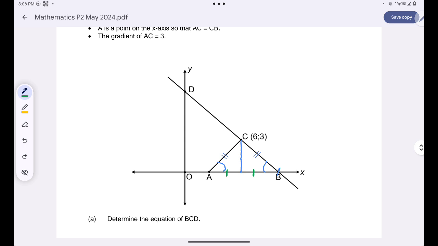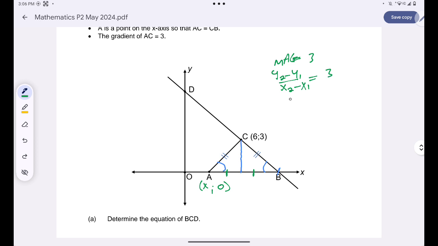How so? I'm given the gradient of AC. Remember, whenever a point is on the x-axis, it means that its y value is 0. So all I need to find is the x value there. I'm told that the gradient of line AC is equal to 3. How can I find the gradient of AC? It's y2 minus y1 all over x2 minus x1, and this has to be equal to 3.